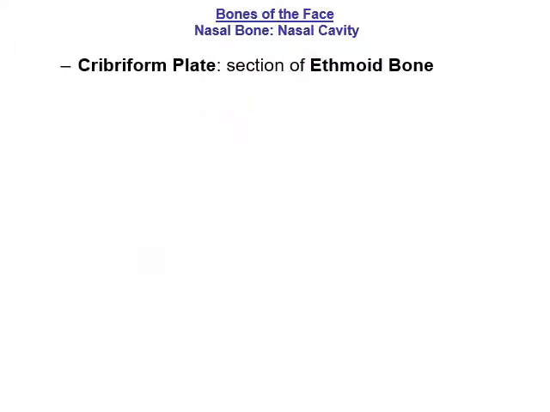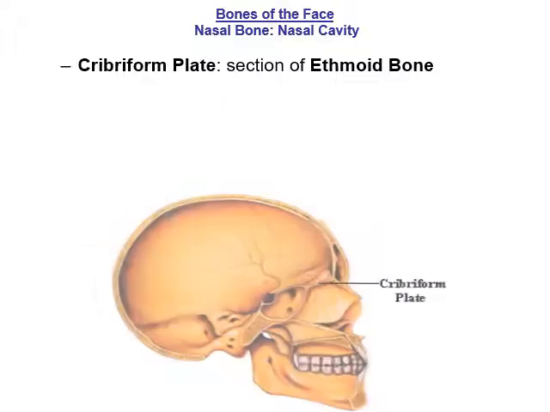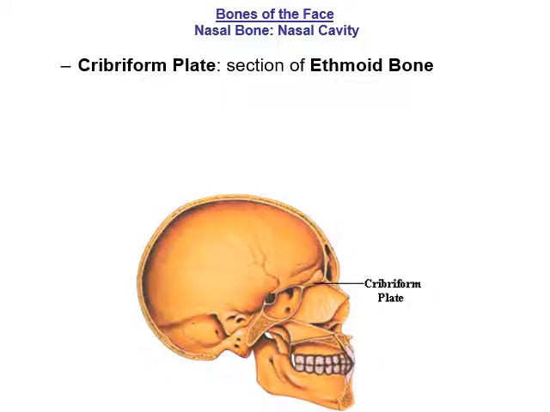The last structure in the nasal cavity that we're going to look at is the cribriform plate. We mentioned this in the bones of the skull, that the cribriform plate is part of the ethmoid bone. The ethmoid bone is an interior skull bone. Here's the cribriform plate up here.